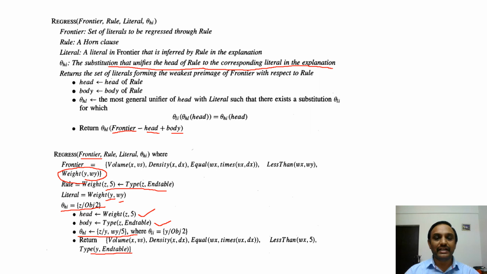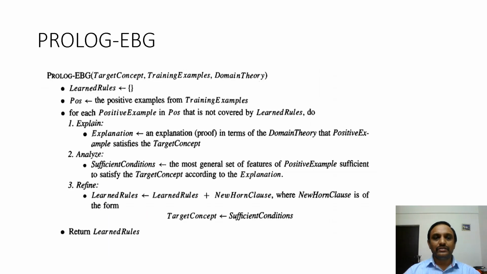This procedure is iteratively performed until you reach the final goal, that is the target concept. So here is the Prolog EBG algorithm, which is almost similar to the sequential covering algorithm. The arguments we are passing to this algorithm are the target concept, training examples plus domain theory.